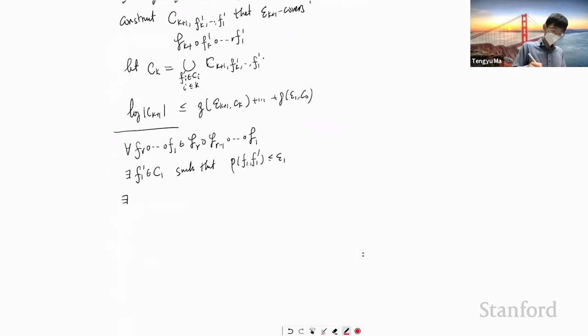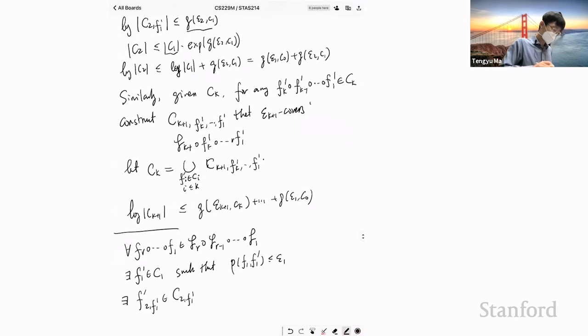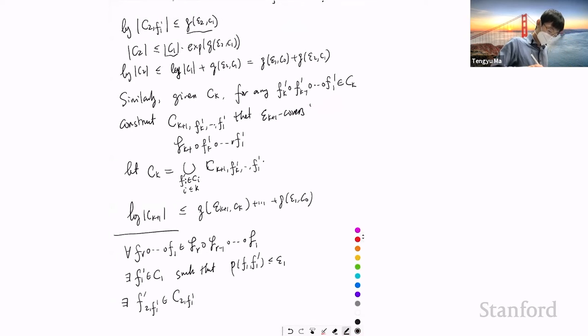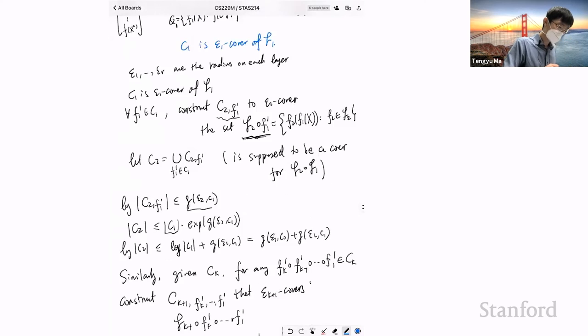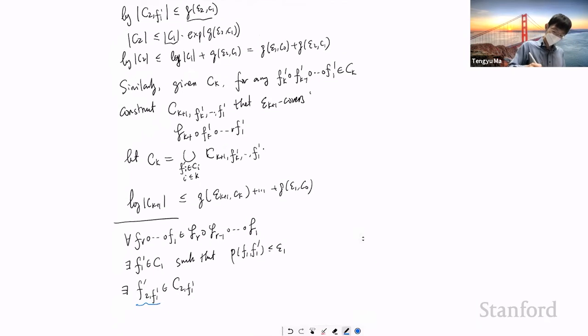Okay, so in other words, more formally, you want to say there exists a function in this cover, in this C2, F1 prime. This is at the right point.